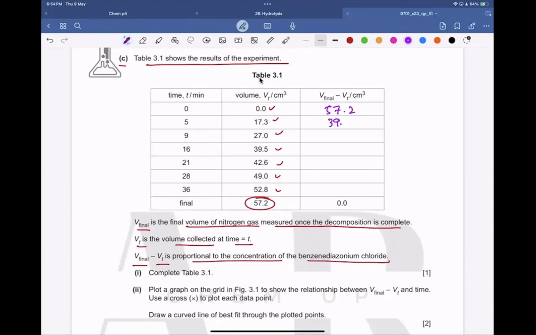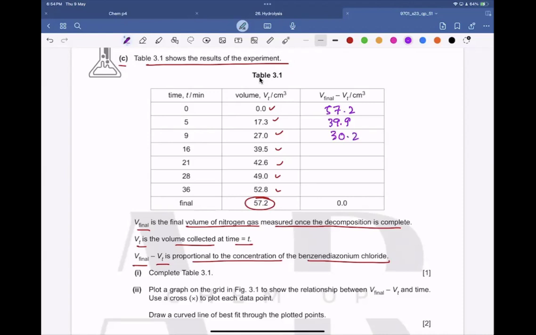Okay, thank you, Shan. 39.9. Then 57.2 minus 27 is going to be 30.2.